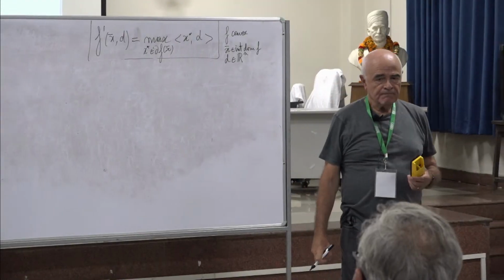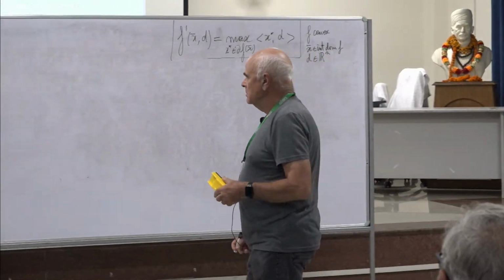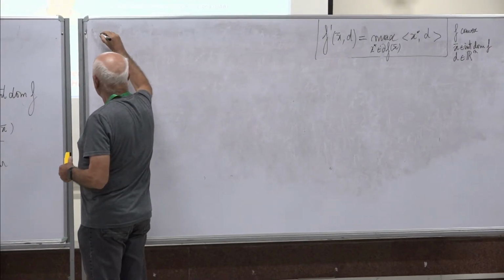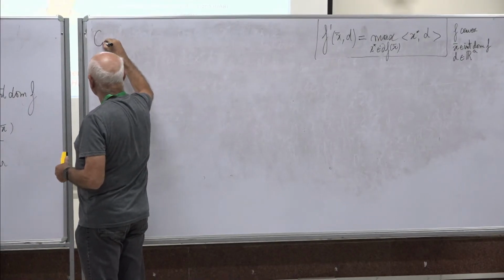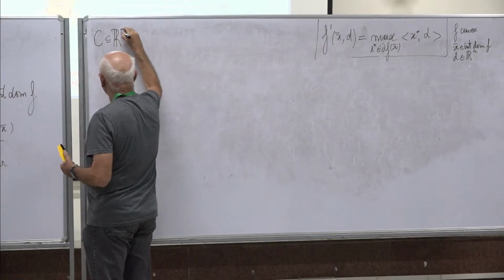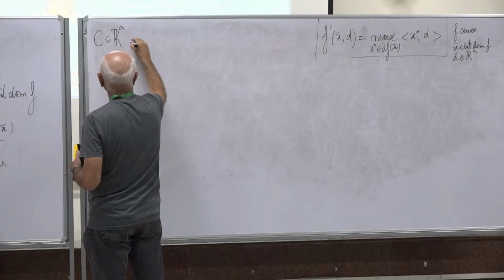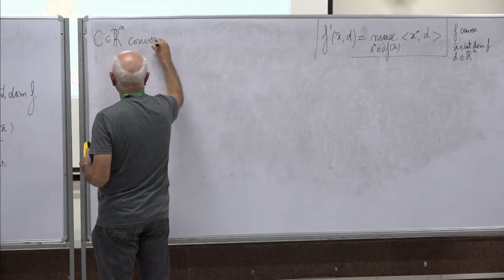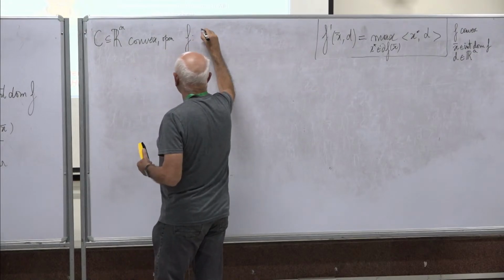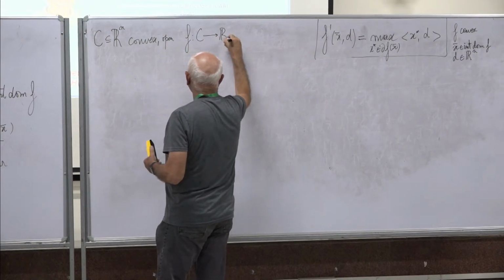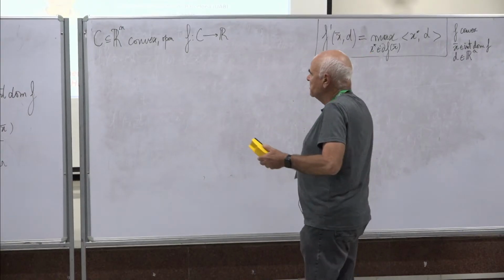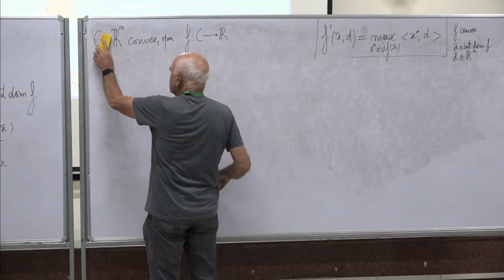That's the setting. So now, again, assume C is an open convex set, and f is a real valued function on C, or simply you take C equal Rn.